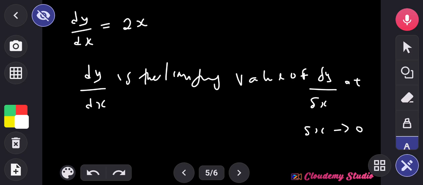So let us take an example. By taking an increment of delta x in x and delta y in y, let us find the derivative of y equals 1 minus 3x plus 2x squared. Now, this is very easy.